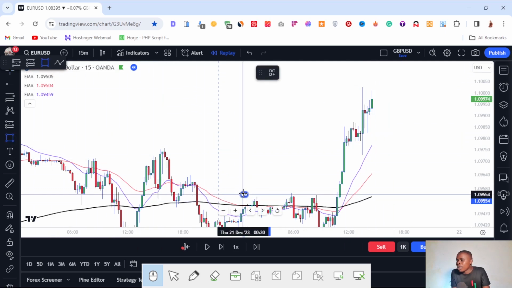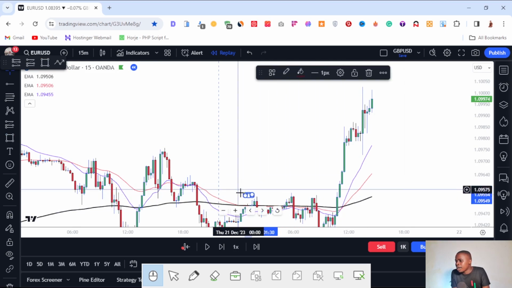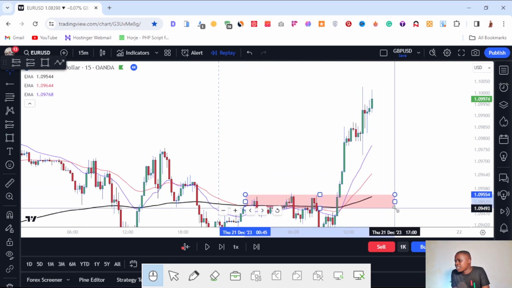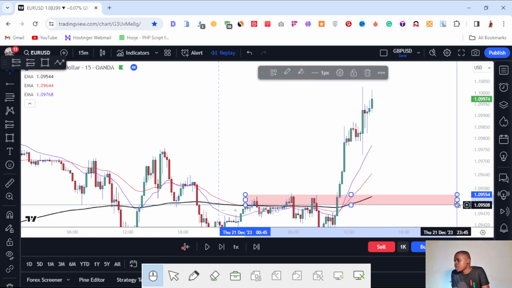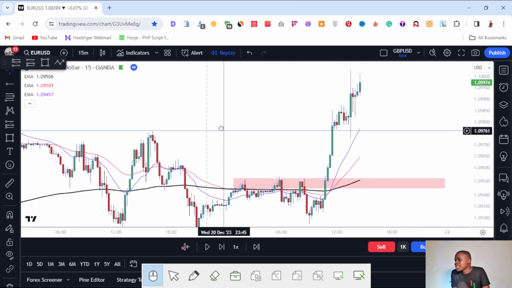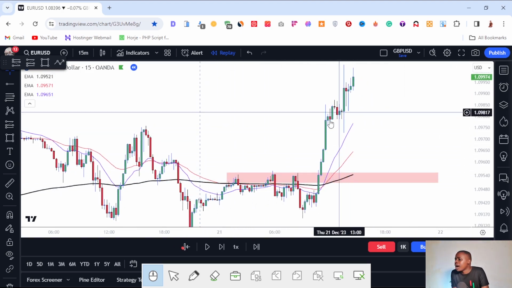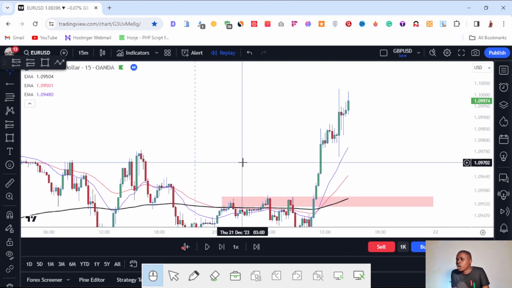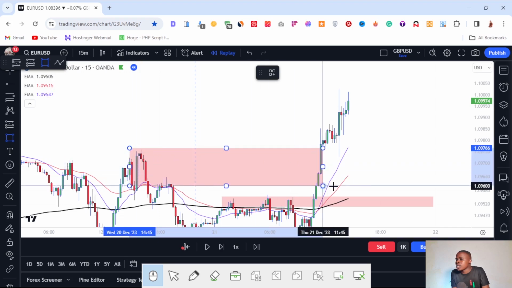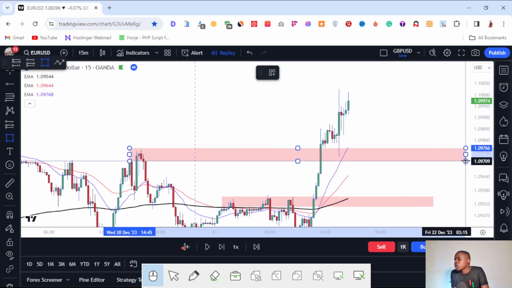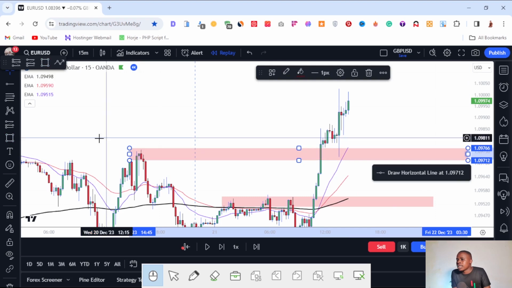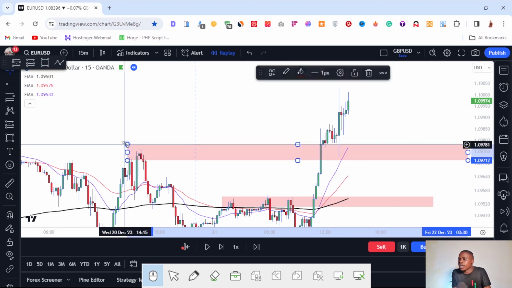Preferably, we want the previous level that the market touched, which was this zone in this case. But since this market moved all the way up without any reversal, we can also look at this zone. These are all the zones where the market has reacted to before, right?